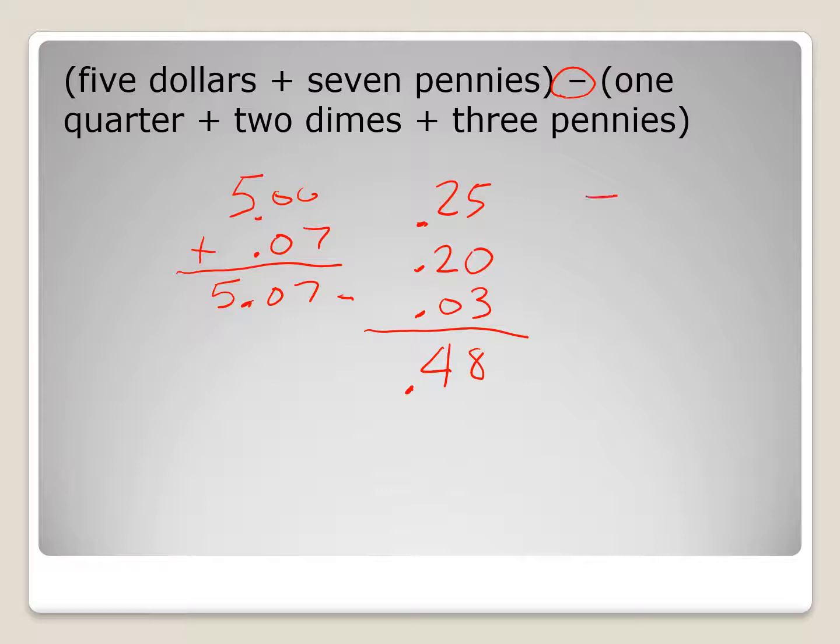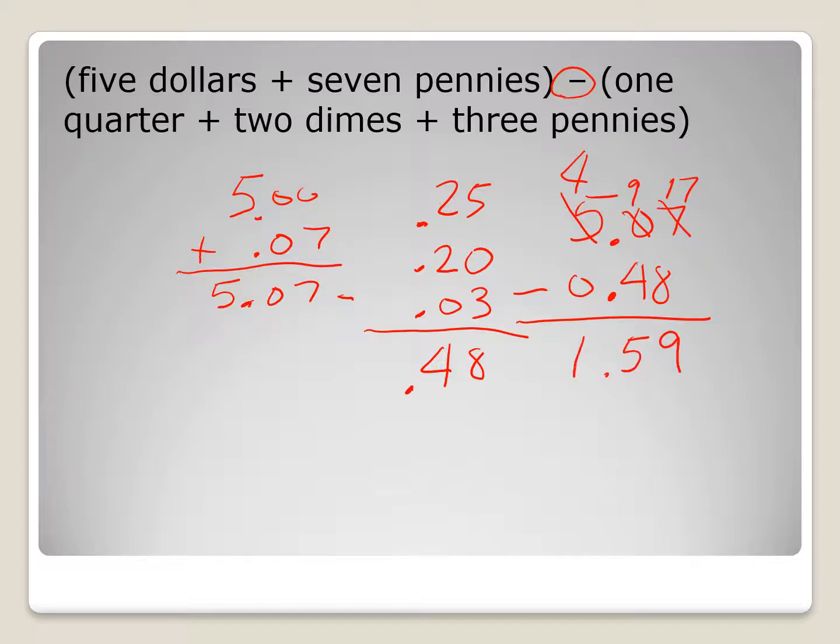And I need to subtract them. So 5, line up my decimals. Five becomes a 4, 0 becomes a 9, 7 becomes 17, minus 8 is 9, 9 minus 4 is 5. So $4.59.